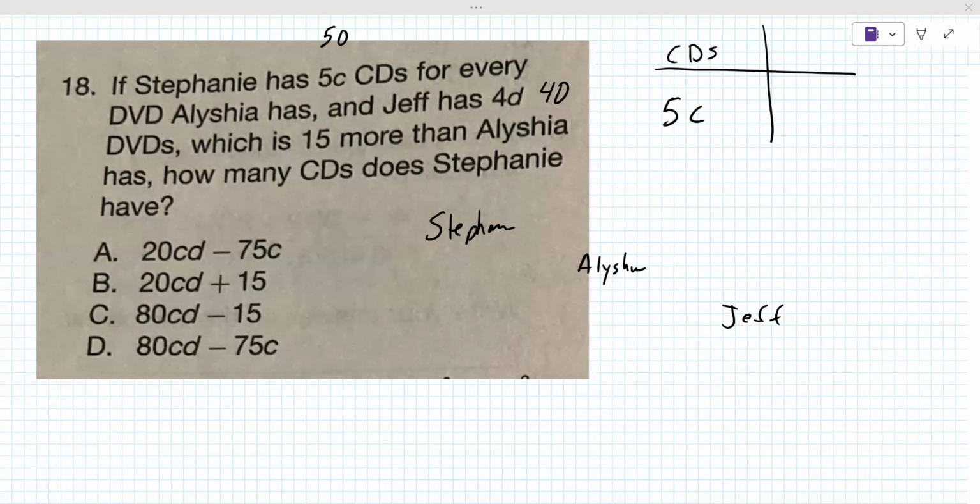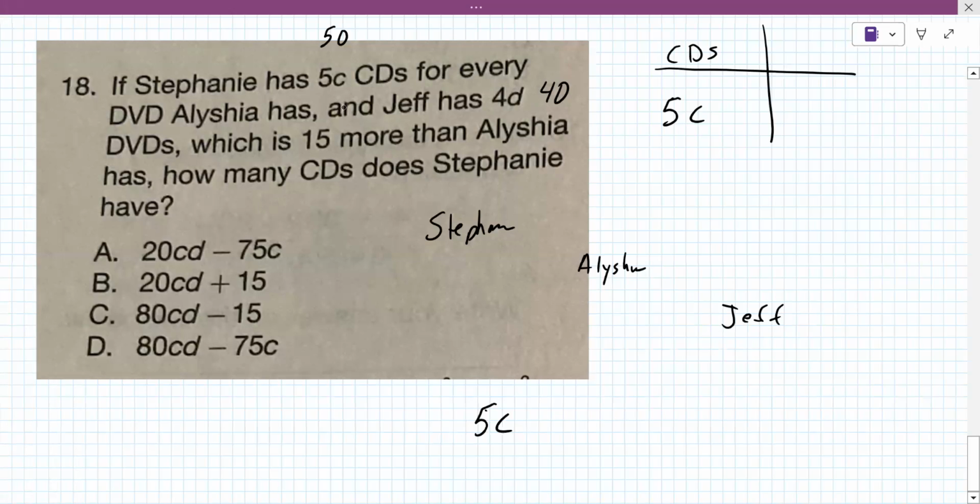So I guess I'm asking, should we move to a different question? Is it C? I believe it's A, because it does have to do with the 4D and the 15 and the 5C. And remember before I said you're either going to add, subtract, multiply, or divide them.